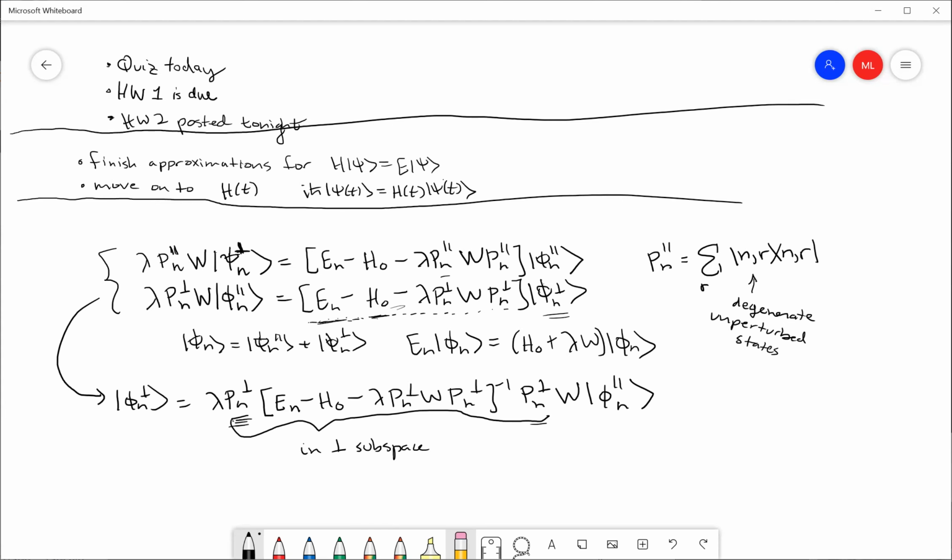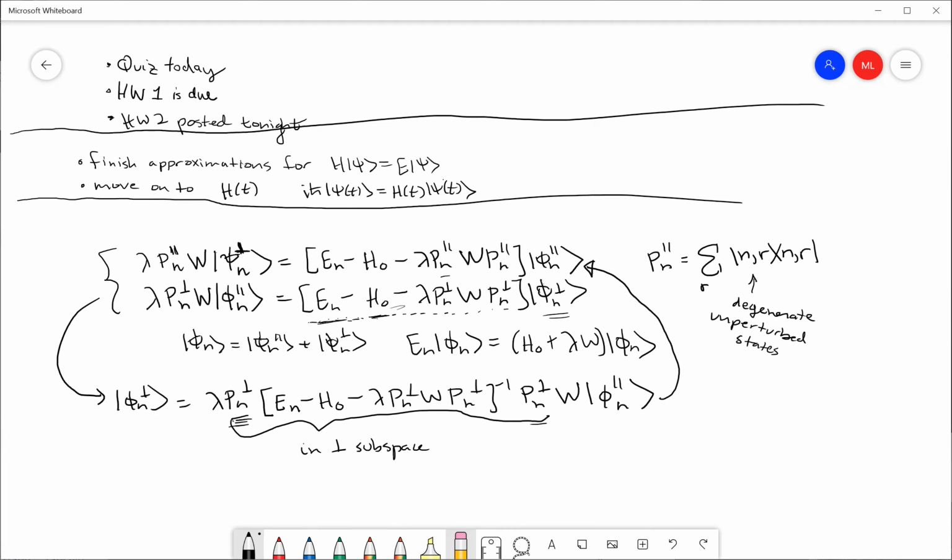So now what you can do is you can take this relatively long equation and substitute it back into the first equation. You can now take this solution and plug it back into here, into the first equation.